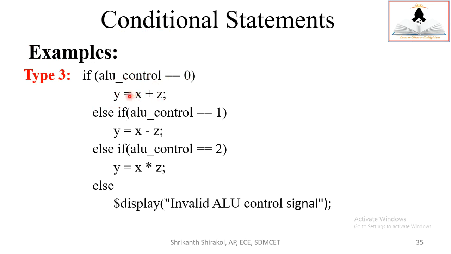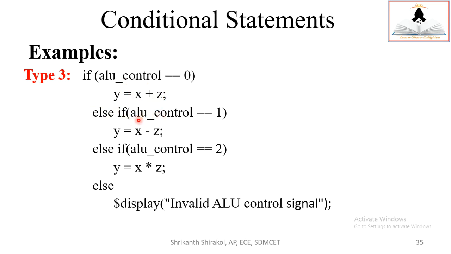This kind of analysis you have already come across, that is ALU. This is an ALU design. This is ALU control, the select line. If that ALU control is 0, then addition should be performed, X and Z being the inputs, Y being the output.